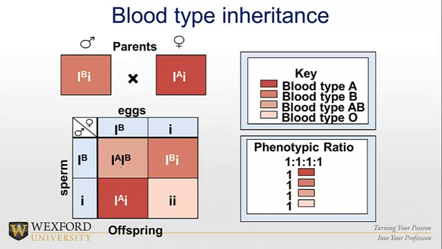So we have type AB, type B, because it's a BO, type A, and recessive type O. And once again, what's the phenotypic ratio? A 1 to 1 to 1 to 1 ratio. You have equal probability in this scenario of getting type O and type AB and type A and type B.